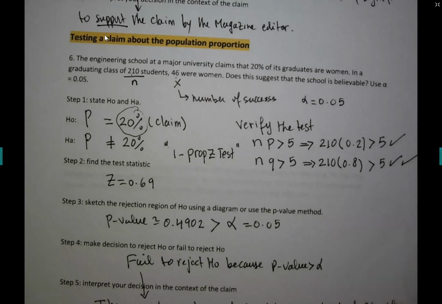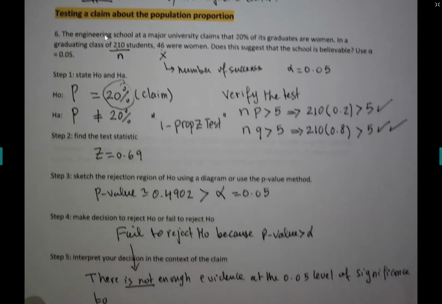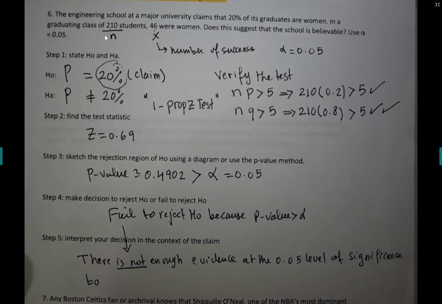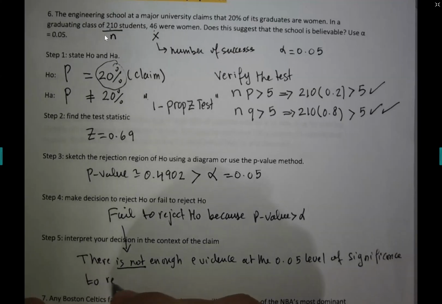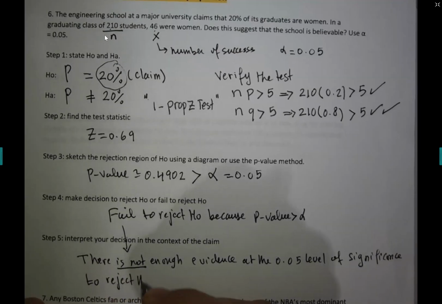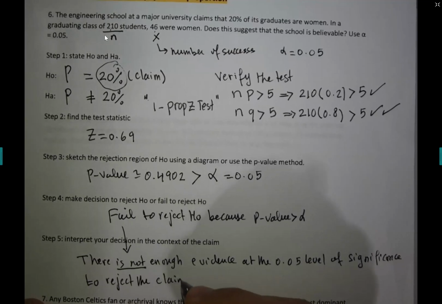Remember, the claim is in H0. Reject. To reject the claim, exactly. There is not enough evidence at the 0.05 level of significance to reject the claim of the engineering school.